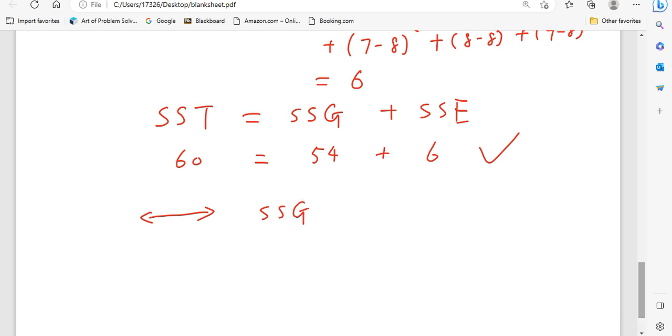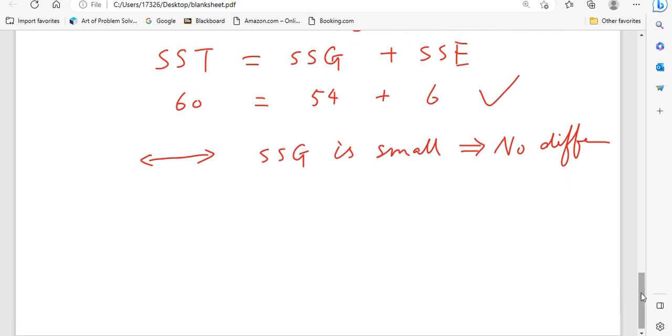If axis G is small, then no difference, right? So the question is, how can we judge this number, small number or big number?